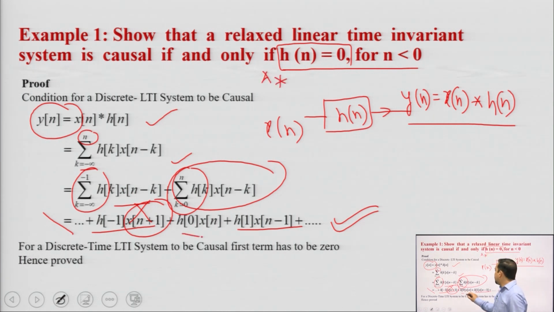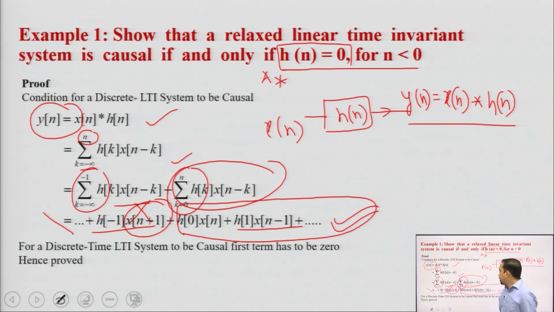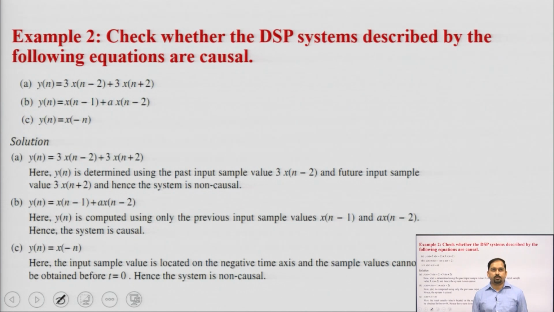We are left with the right-hand terms, and here we can clearly see that it depends upon x[n], x[n minus 1], x[n minus 2], x[n minus 3] and so on. So, the condition derived is that if h[n] equals 0 for all negative values of n, the system is said to be causal, and this is a small derivation.